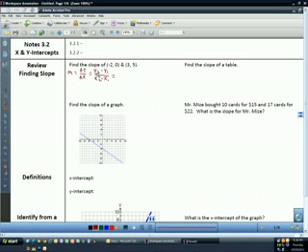Now I'm going to look for my second y value. My second y value is 5, so I've got 5 minus whatever my first y value was, which is 0. So I have 5 minus 0 as my numerator.